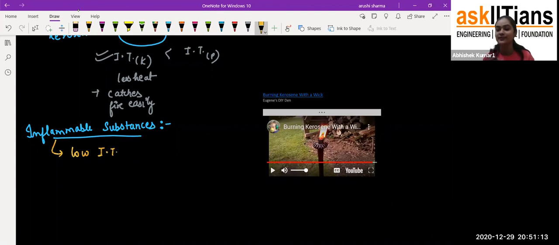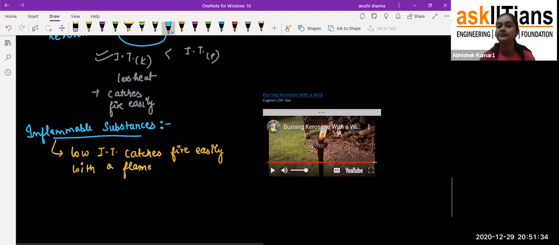And don't forget, it is ignition temperature. Okay, so low, and it catches fire easily with a flame. Don't forget, it has flame in it. That type of substances are called flammable substances.